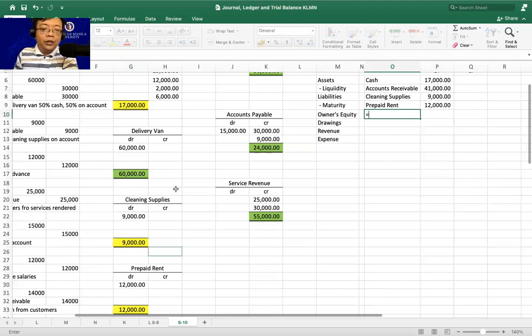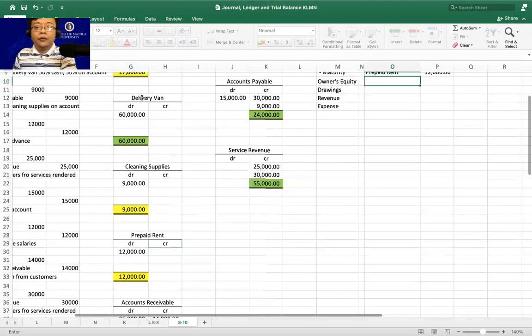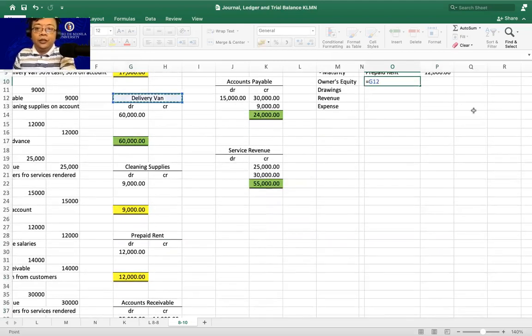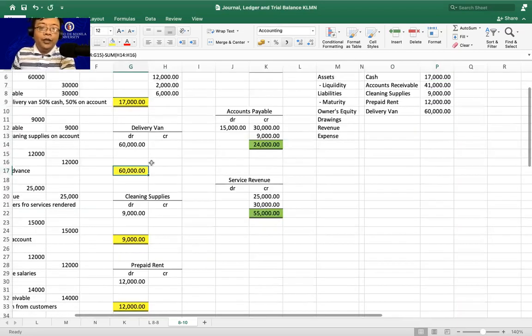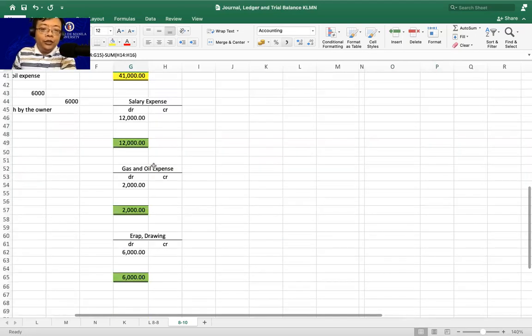It is worth 60,000. Hopefully, we are balanced. If not, we will go back and check the journal entries and ledger. I think we are finished.